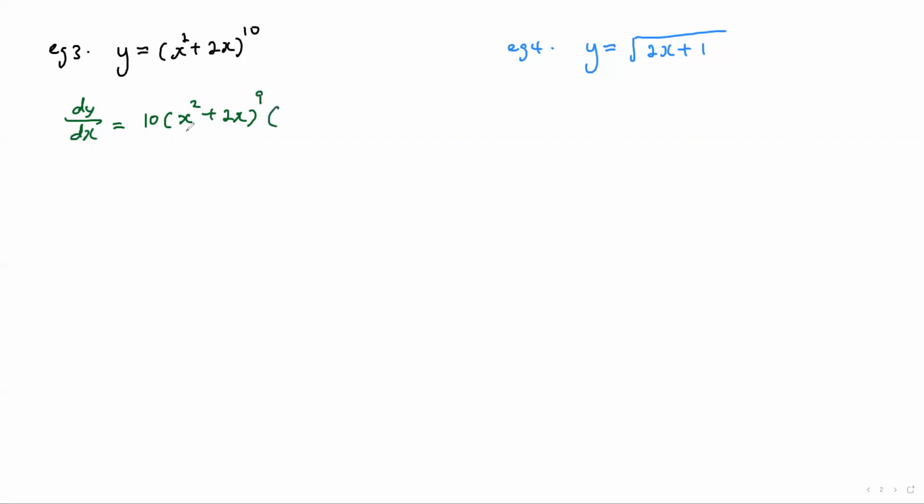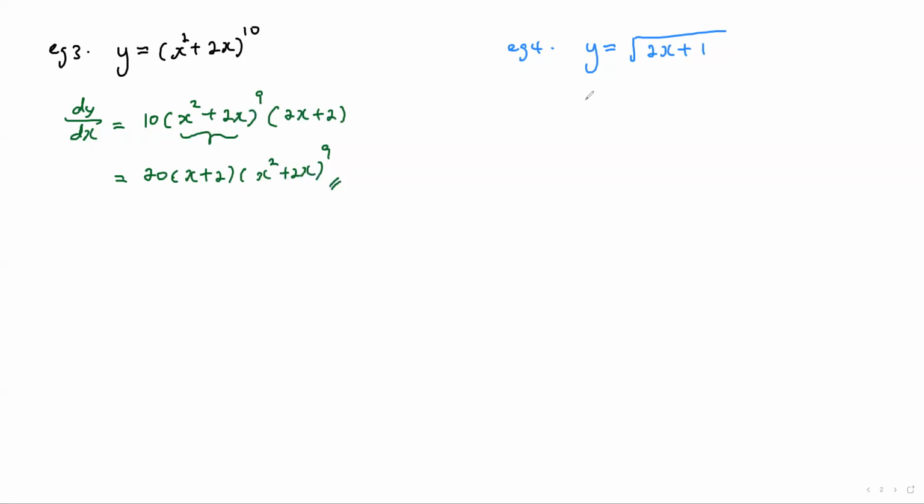And then after that, multiply by the derivative of what is inside. So when you differentiate this, you should get 2x plus 2. You can actually take out the 2, and this becomes 20 of x plus 2 times x squared plus 2x to the power of 9. And then that's it.